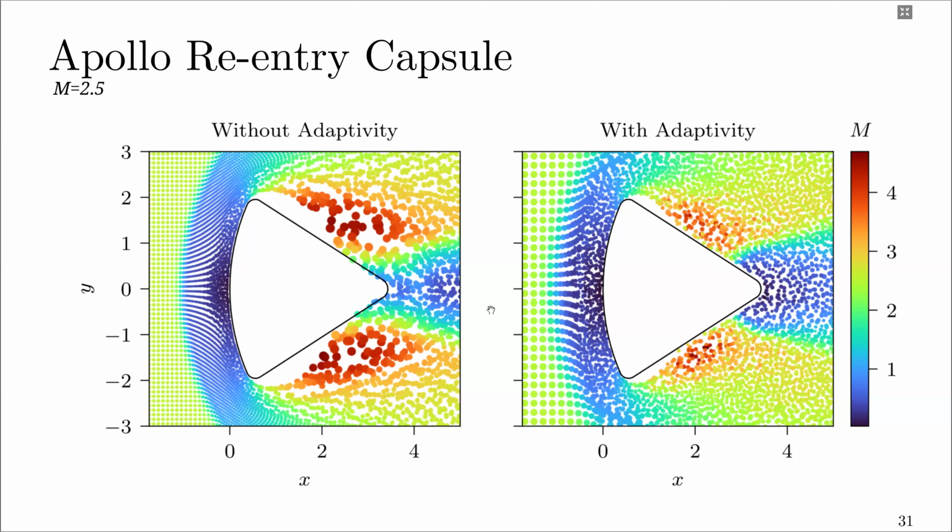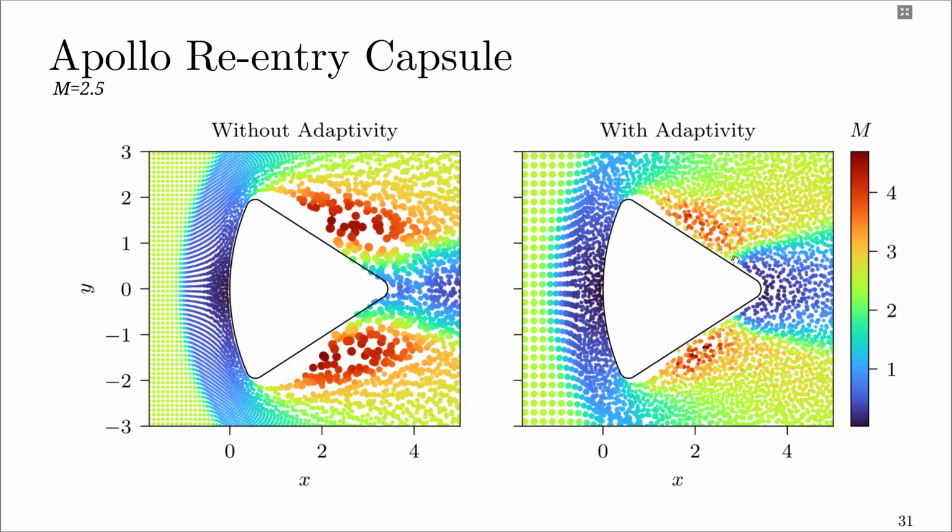So without adaptivity, we see behind the shoulder, there are really no particles around here. It's very poorly resolved, but with adaptivity, it's nicer. And the physics is also captured nicely.